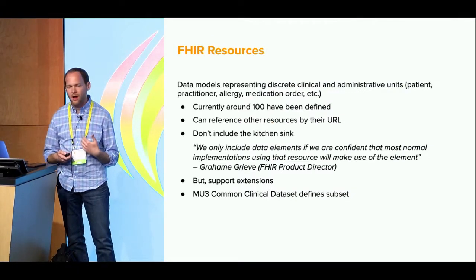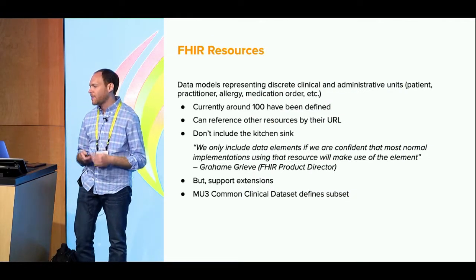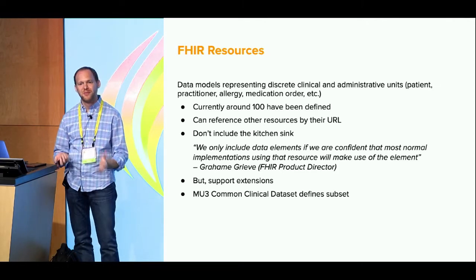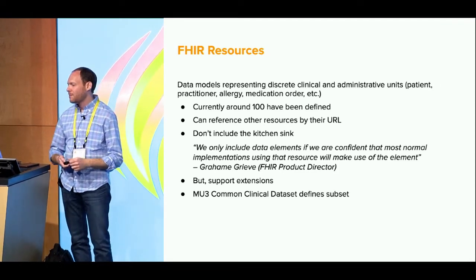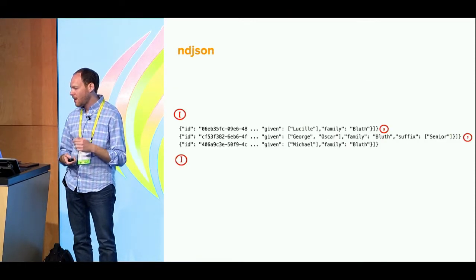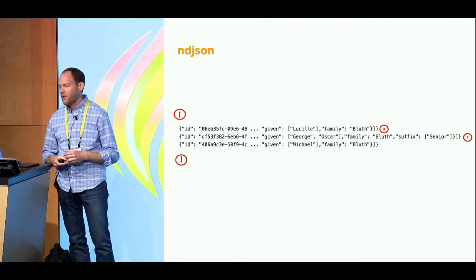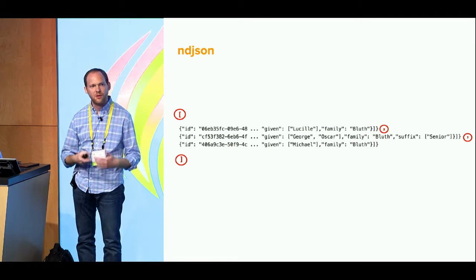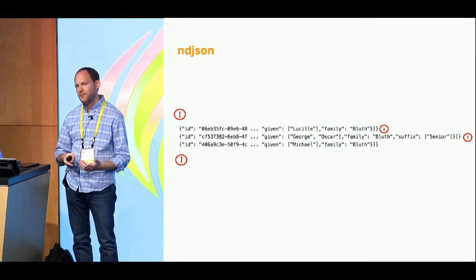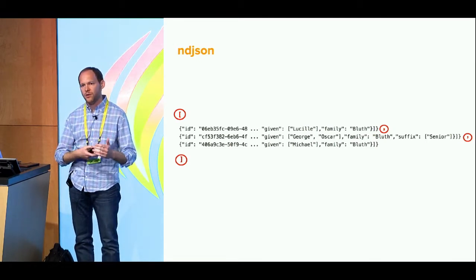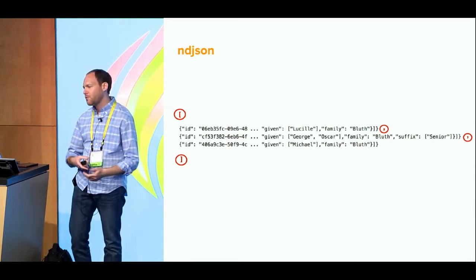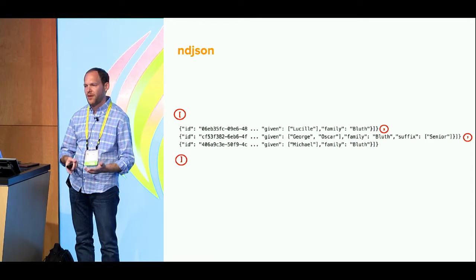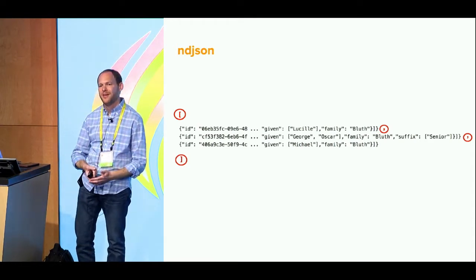This is a good time to talk about the format. I'm not going to go through what FHIR resources are. I hope by this point in the conference, everybody's somewhat comfortable with that concept. But these FHIR resources, here are some examples, are serialized into JSON. This is the standard FHIR JSON format. What's different is that instead of putting it in a bundle where you have to read the whole bundle into memory in order to parse it, we use a format called NDJSON, which is a fancy word for newline delimited JSON.